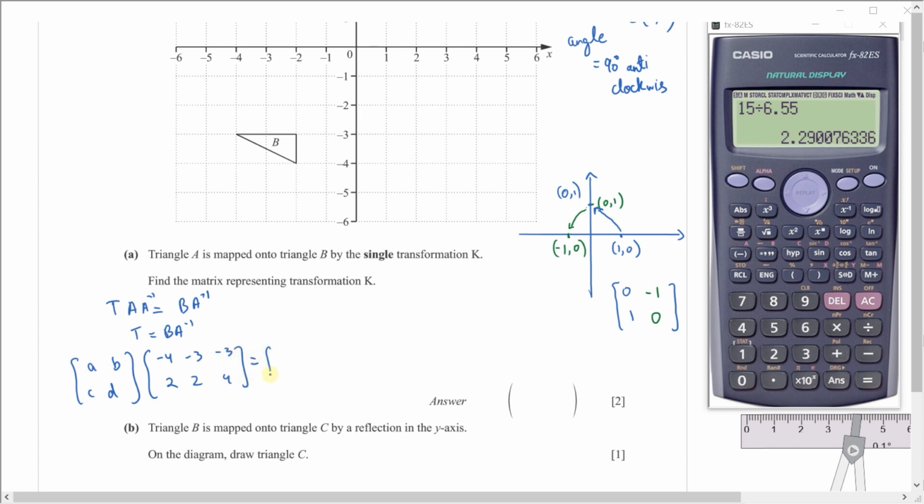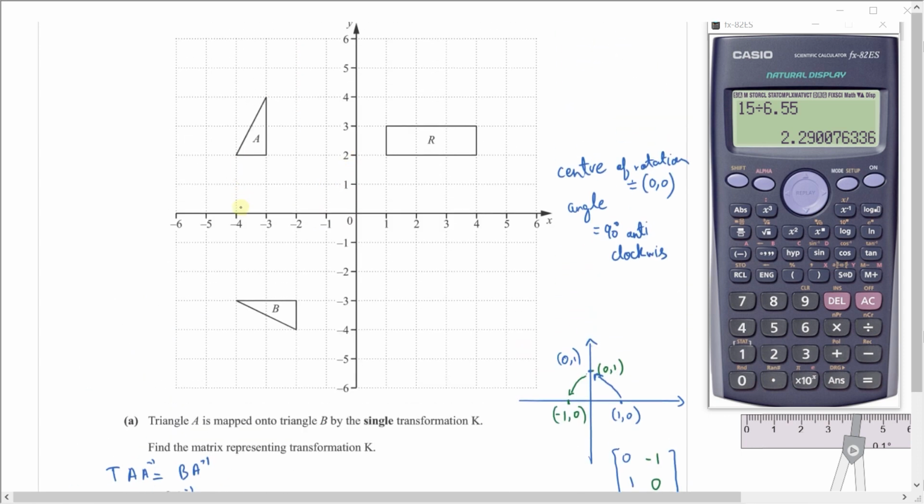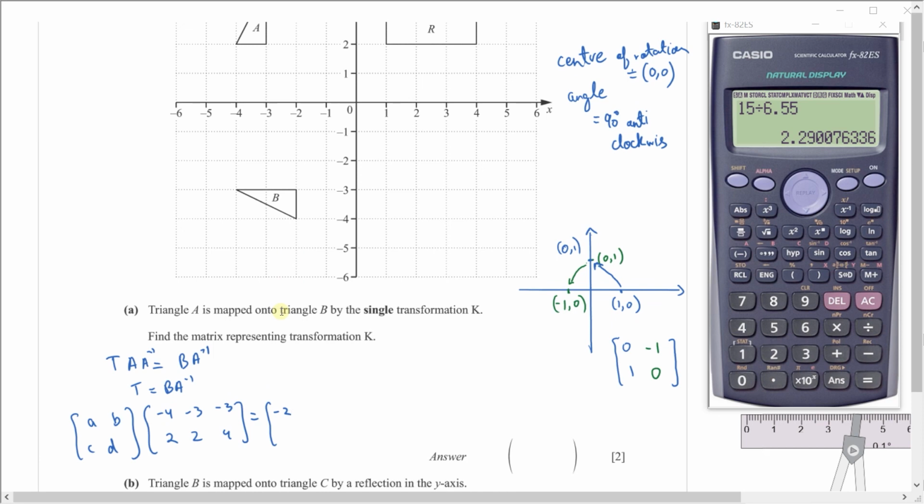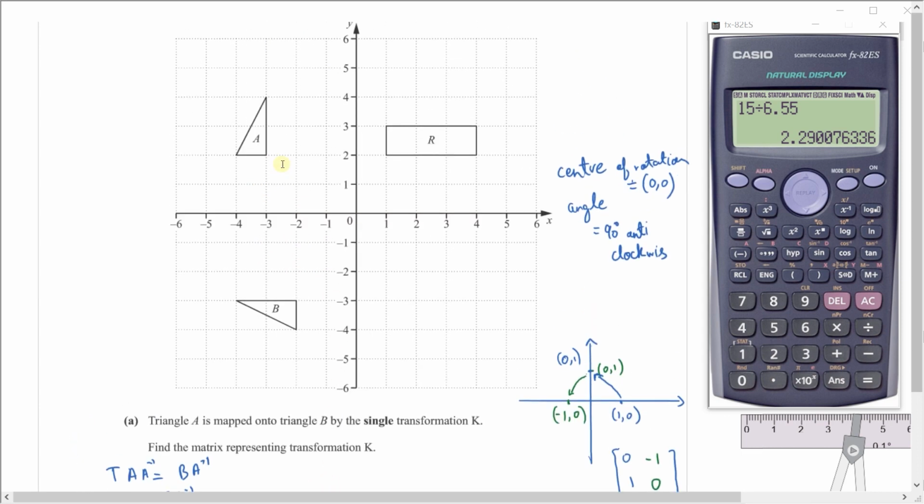And then the corresponding vertices of triangle B are as follows. -4, 2 is mapped onto this point, which is -2 and -4. The next one is -3, 2. -3, 2 is mapped onto this point, which is -2 and -3. And the last point is this one, which is -3 and 4.